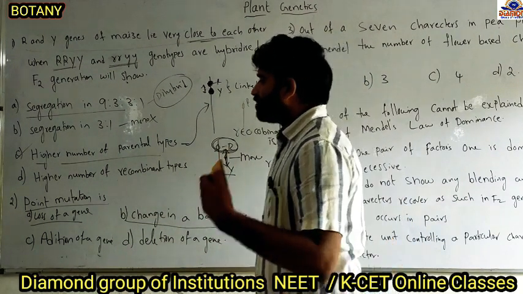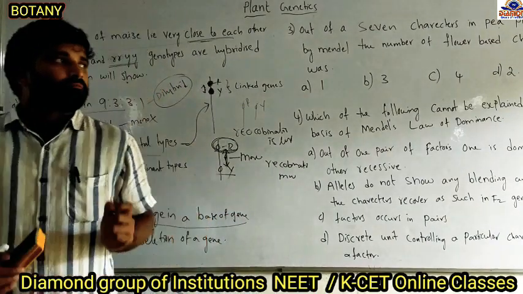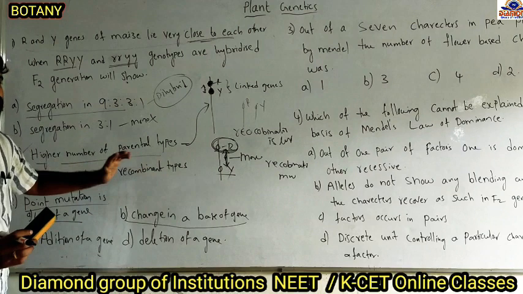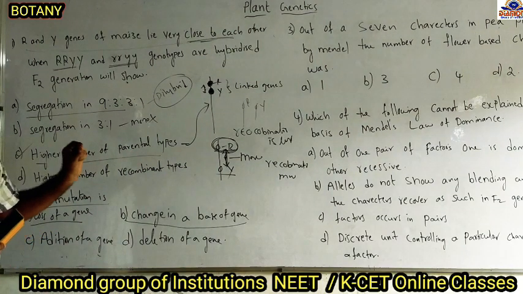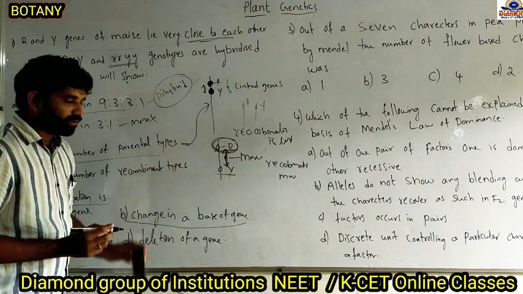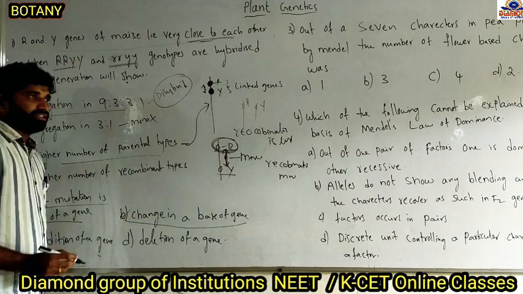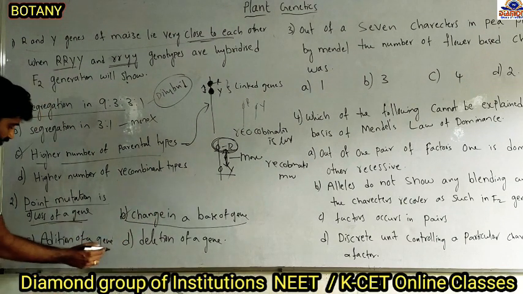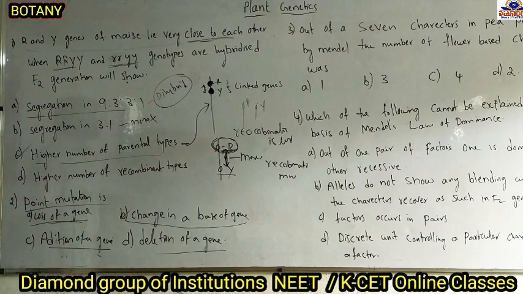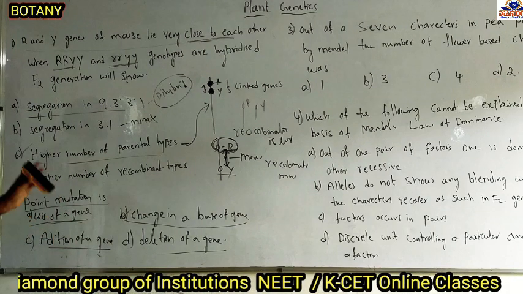But among these mutations, several types are there, that is point mutations and frame shift mutations. In a point mutation, the change of a single nitrogen base, or single nitrogen base pair, of a gene occurs. The remaining ones, addition, deletion and loss of genes, belong to the other type.